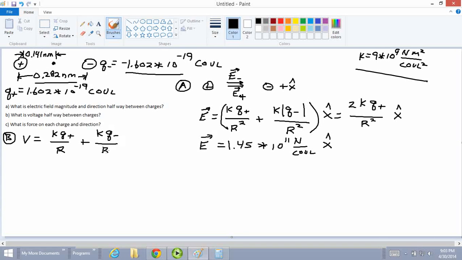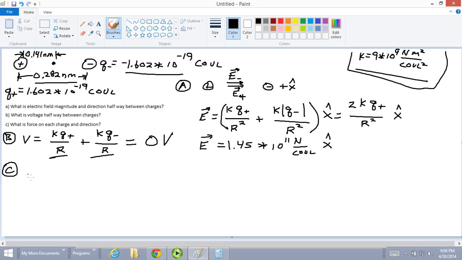This q minus is equal and opposite to q plus. K is a constant equal to this. R is still 0.141. In other words, this factor is positive, the same value as this is negative. They're equal and opposites. When they sum, they equal 0. 0 volts at the midpoint between the two. So that's a quick answer.